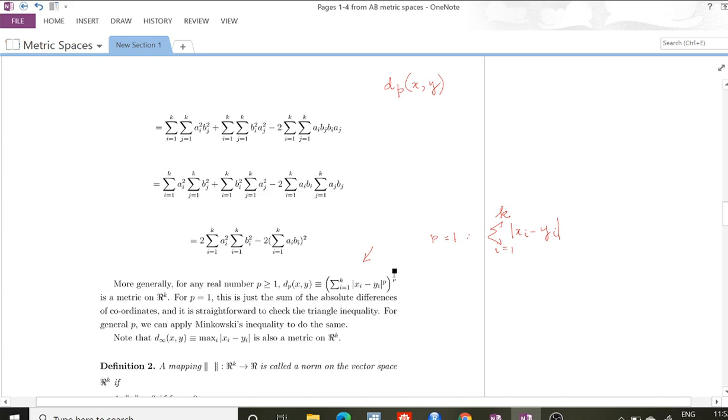And it's easy to check that the dp metric satisfies the first two properties of a metric. And in order to check for general p greater than or equal to 1 that it satisfies the triangle inequality, generally what is used is Minkowski's inequality, and you can find a treatment in many real analysis texts, including, for instance, Kolmogorov and Fomin's Introductory Real Analysis, 1970, right?